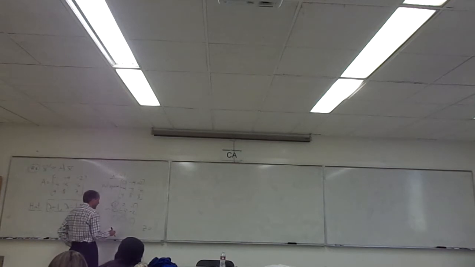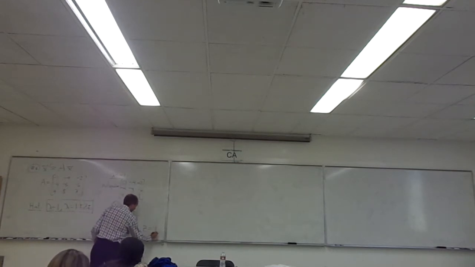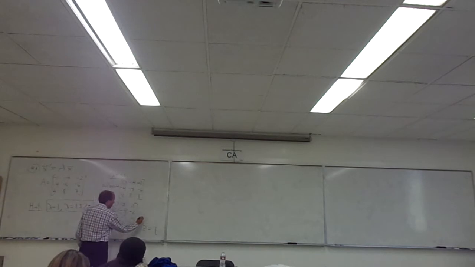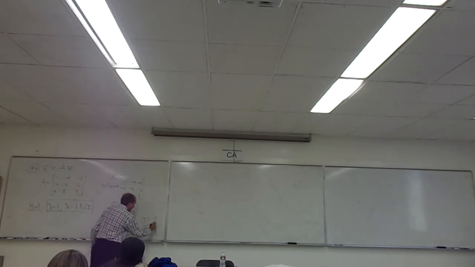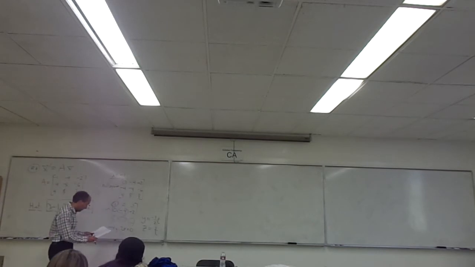You can let z equal t, and then from the middle line, so let's see, this middle equation is -4y minus 2z equals 0. So if you solve that for y, -1/2 of t, right? Exactly. -1/2 of t.